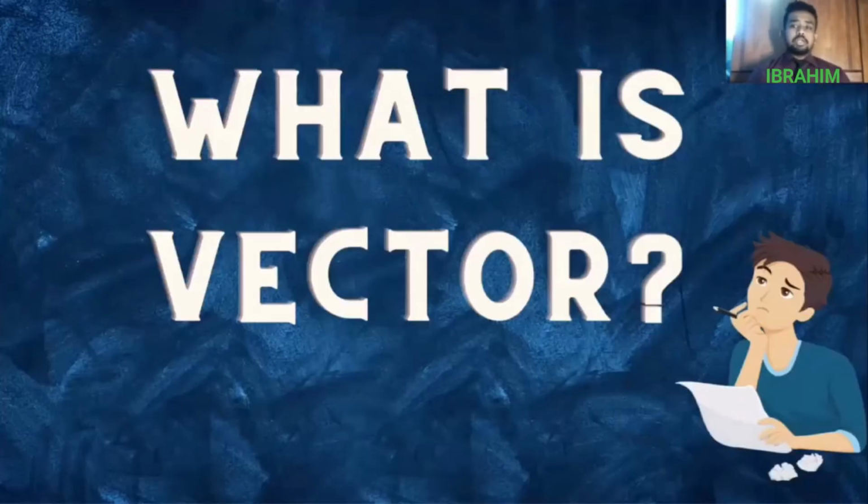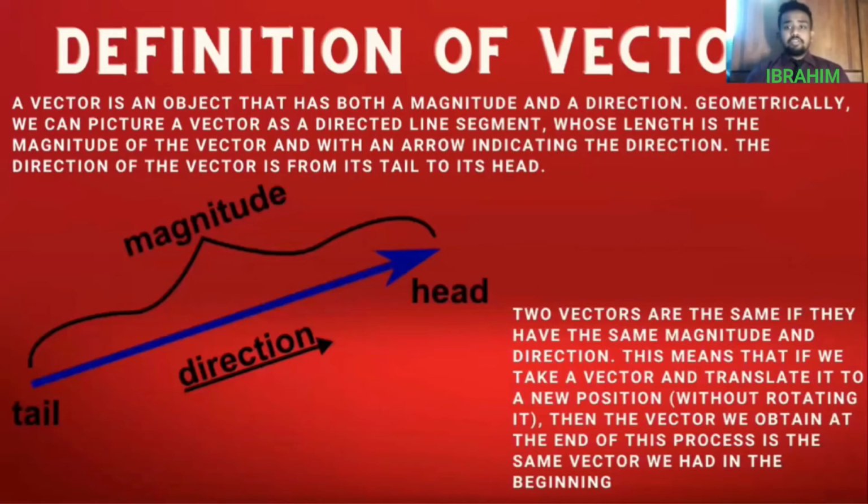So before we go into our topic, that is vector in gaming, let's see what is vector. The definition of a vector is an object that has both a magnitude and a direction. Geometrically, we can picture a vector as a directed line segment whose length is the magnitude of the vector, with an arrow indicating the direction.